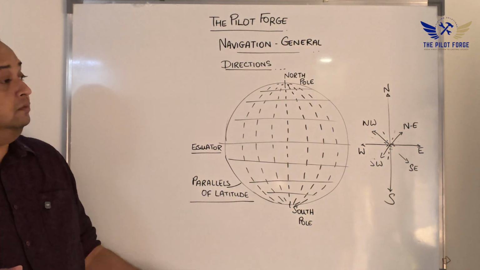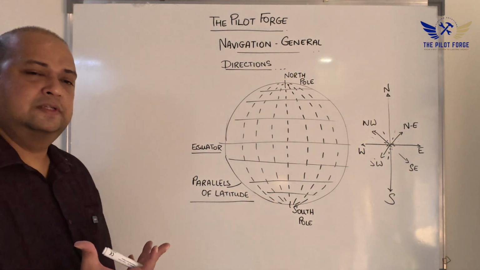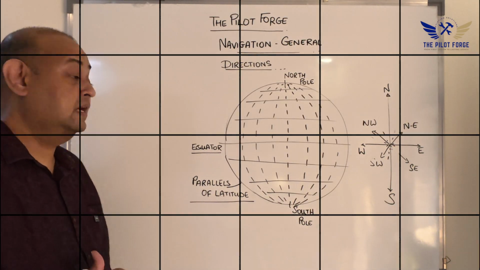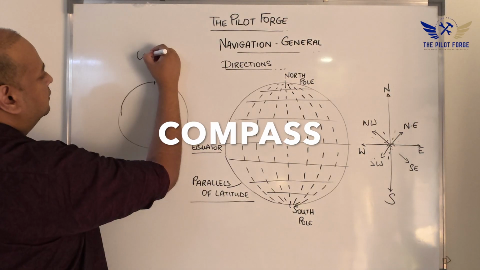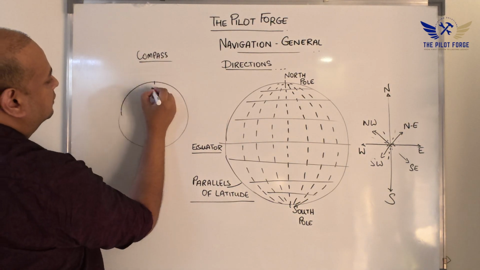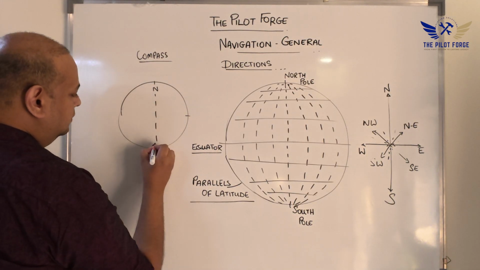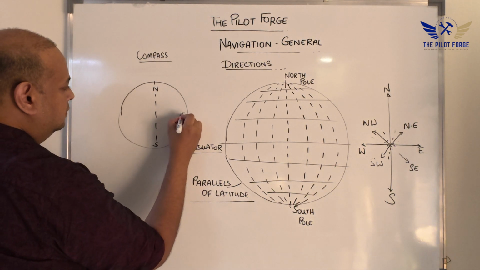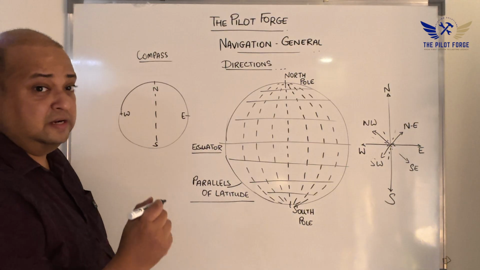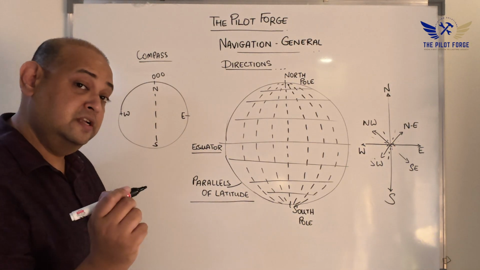Now, would it not be easier if we had a device which could help us with it? We do have a device. It's called the compass. The north is represented by the number 000 and is always measured in a clockwise direction.